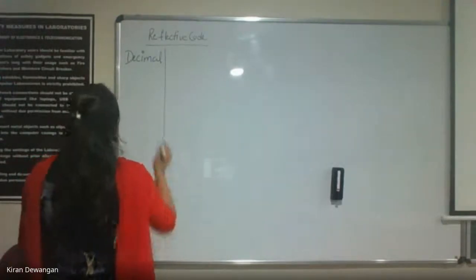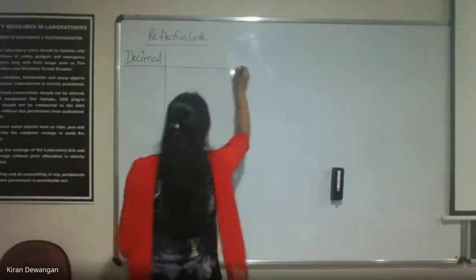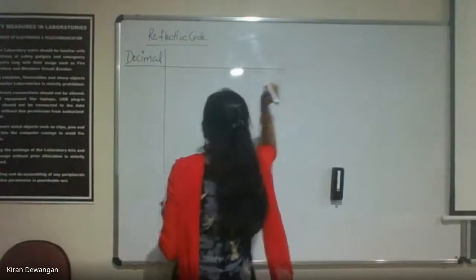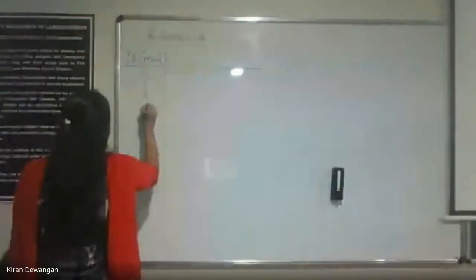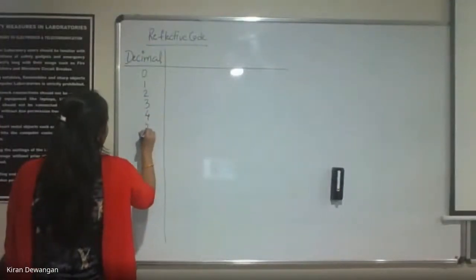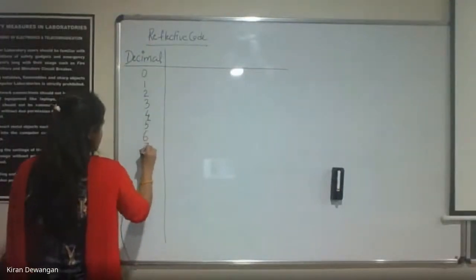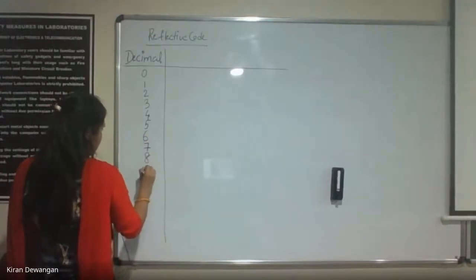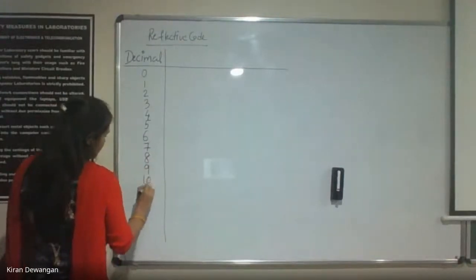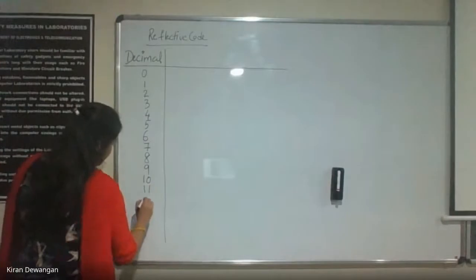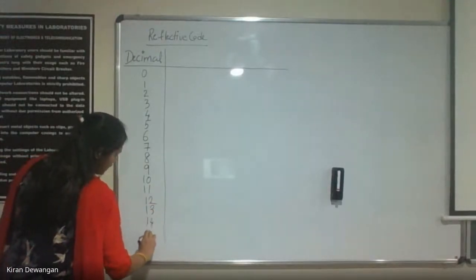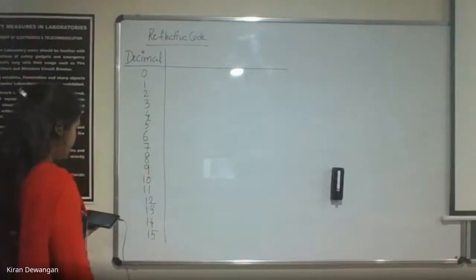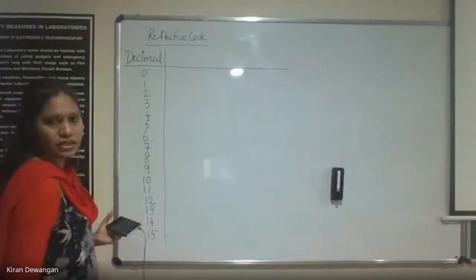decimal. Here, I'll be writing the decimal. 0, 1, 2, 3, 4, 5, 6, 7, 8, 9, 10, 11, 12, 13, 14, and 15. So these are simply decimal numbers.